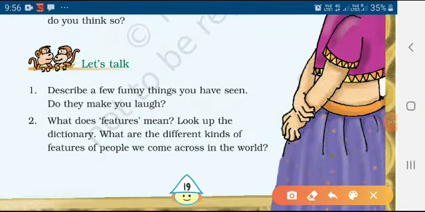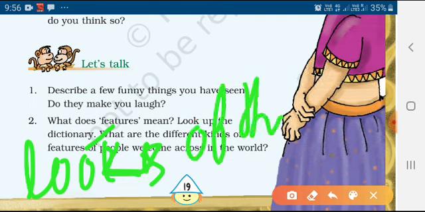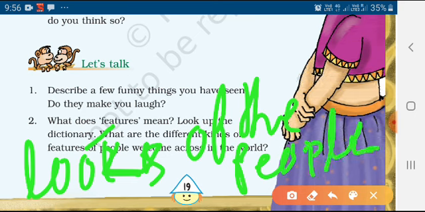Again there is a technical error, sorry for that. So different shape and size or different types of looks. Feature means looks of the people.